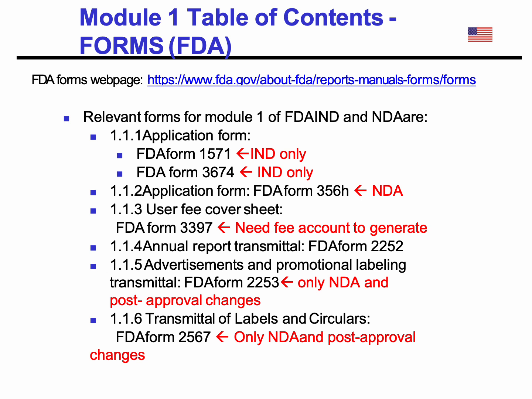However, if you are preparing forms for a new drug application or NDA, you will have to prepare, complete, and of course add forms 356h, for example, or forms 2252 into their respective placeholders or sub-modules. For example, in module 1.1.1, called application form, we are going to add FDA forms 1571 and FDA 3674. So these forms need to be added into the application form in module 1.1.1.